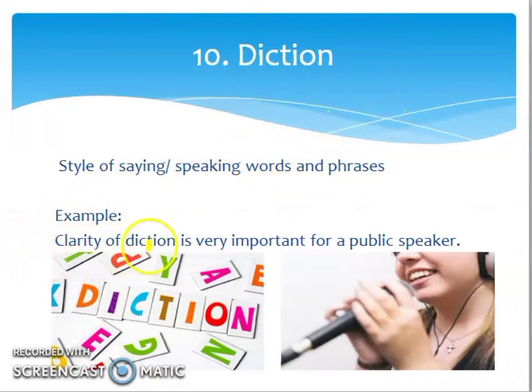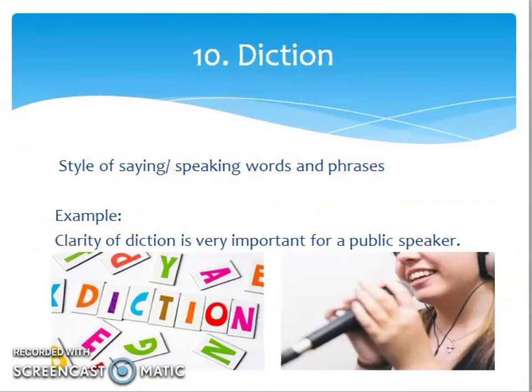Clarity of diction is very important for a public speaker. So diction simply refers to the way a person speaks, all right? Pronouncing the word, the stress, the rhythm, the intonation, all right? So that is diction.